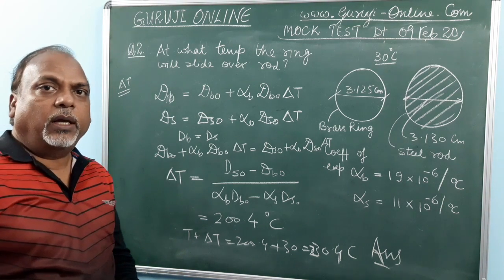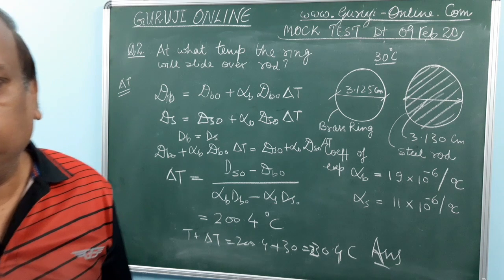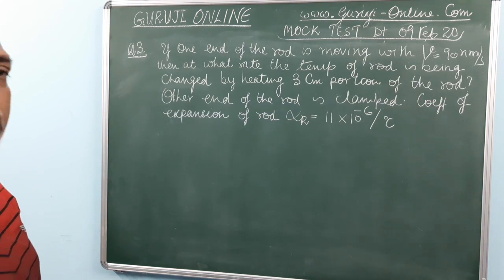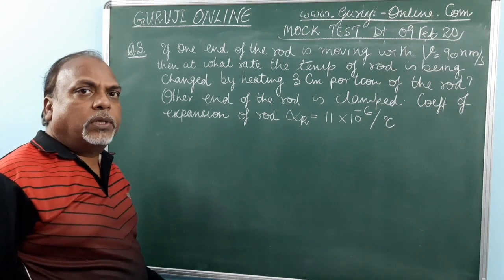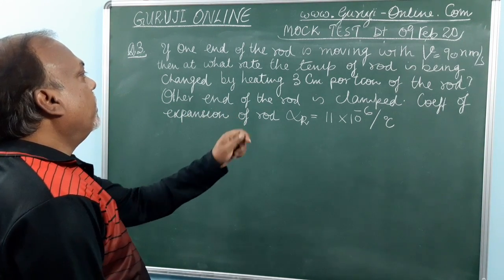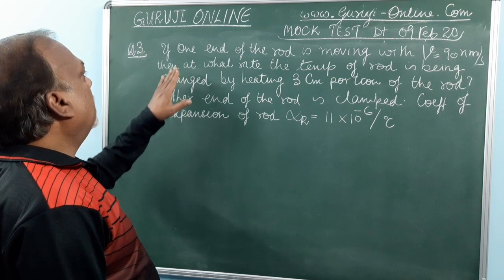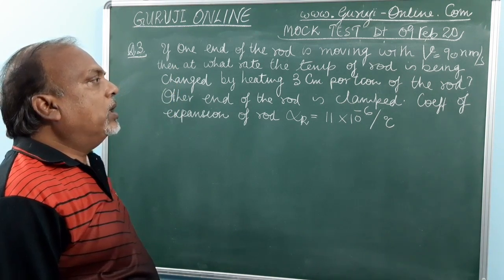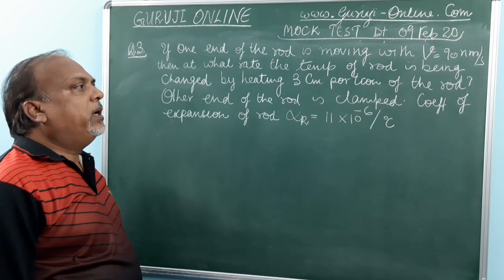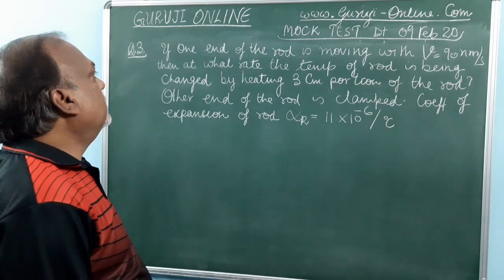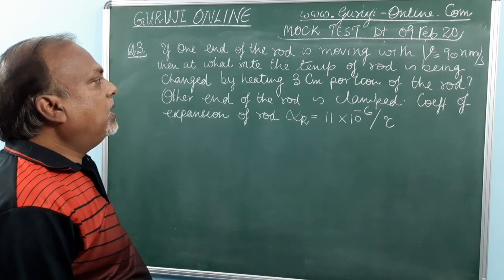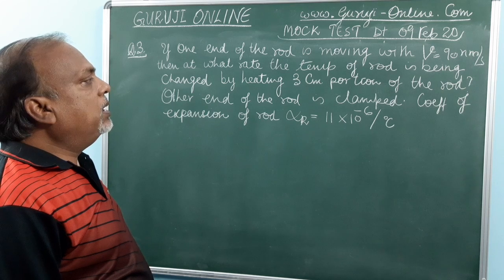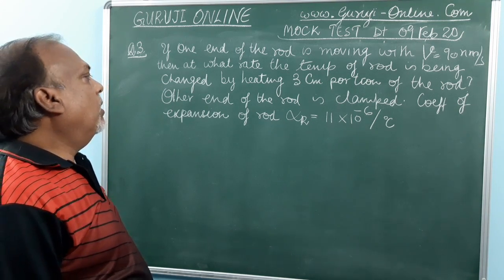Now we will go to the third question. So folks, this is the third question. It says, if one end of the rod is moving with velocity 90 nanometer per second, then at what rate is the temperature of the rod being changed by heating a 3 centimeter portion of the rod.